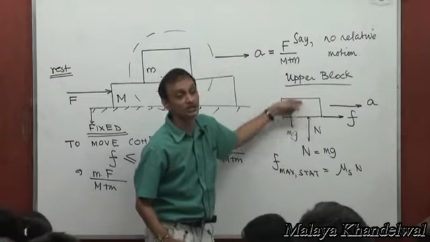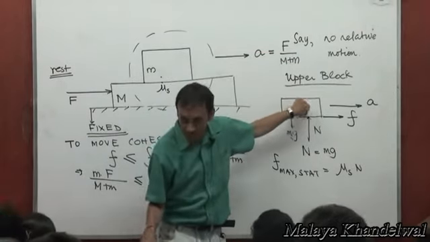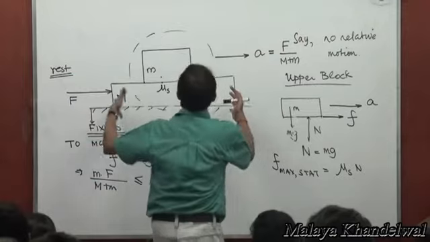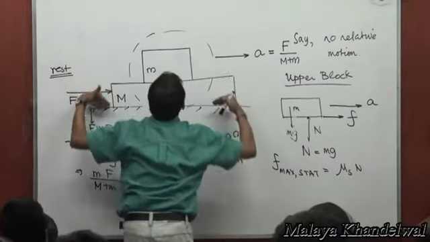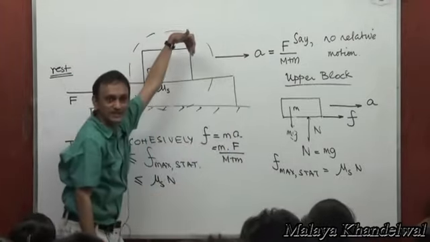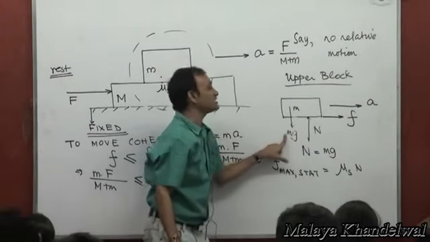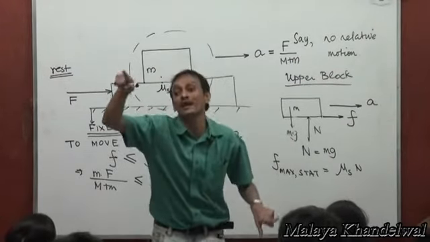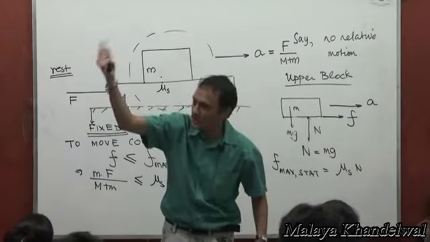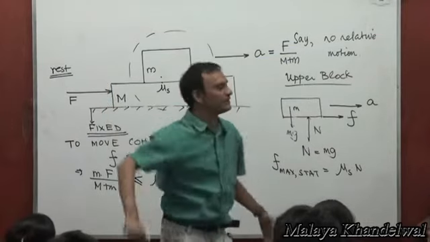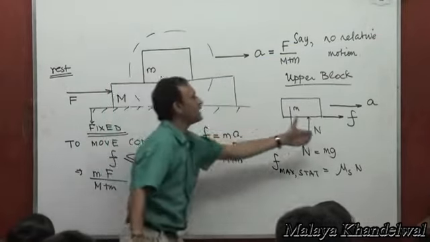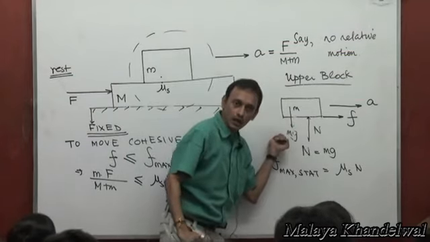N minus mg is 0 because small m has no vertical acceleration. However, if the whole system was placed in an elevator having a vertical acceleration of 3 meters per second squared upwards, then N minus mg would be equal to small m into 3. N would then be different from mg, right?